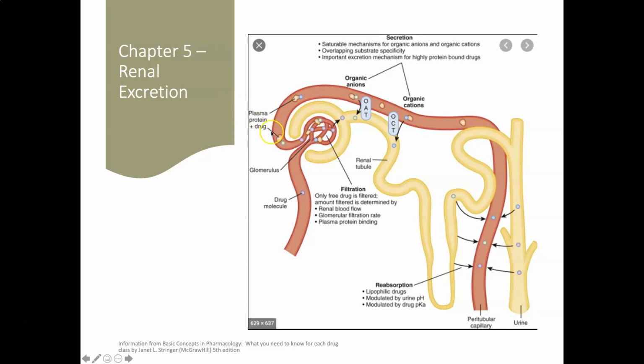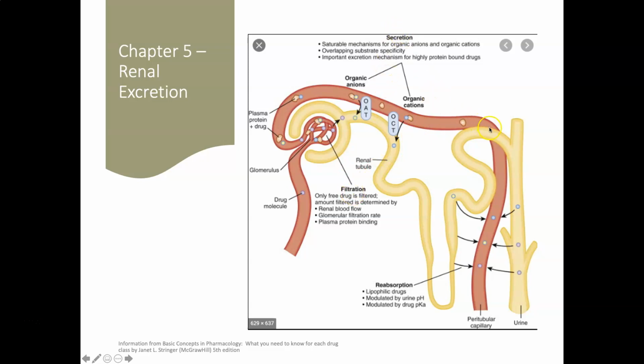After the filtration process, if it's still in here, it gets bounced around, comes around, and gets secreted across into the renal tubule, especially if it's a highly protein-bound drug. Now let's say for whatever reason, somehow it doesn't get secreted. Maybe it's not a highly protein-bound drug. It's itty-bitty, but not highly protein-bound, so it misses the secretion step. It's already skipped through filtration. It's already skipped through secretion.